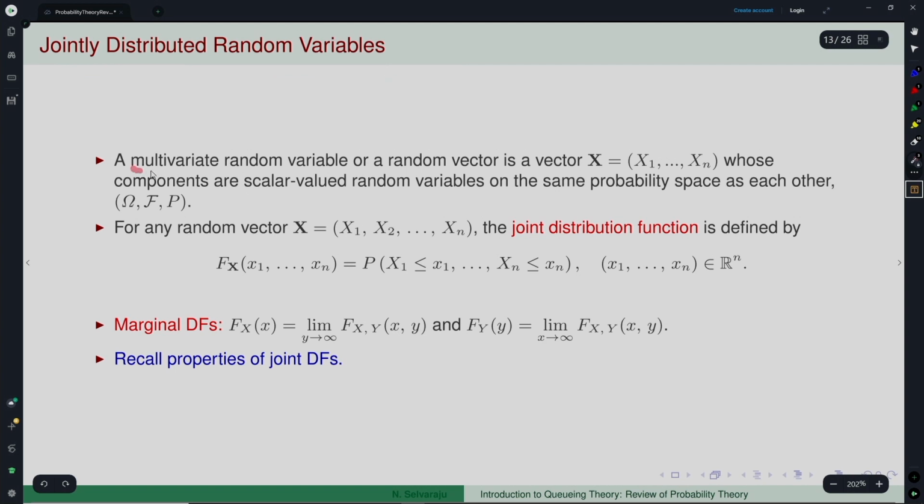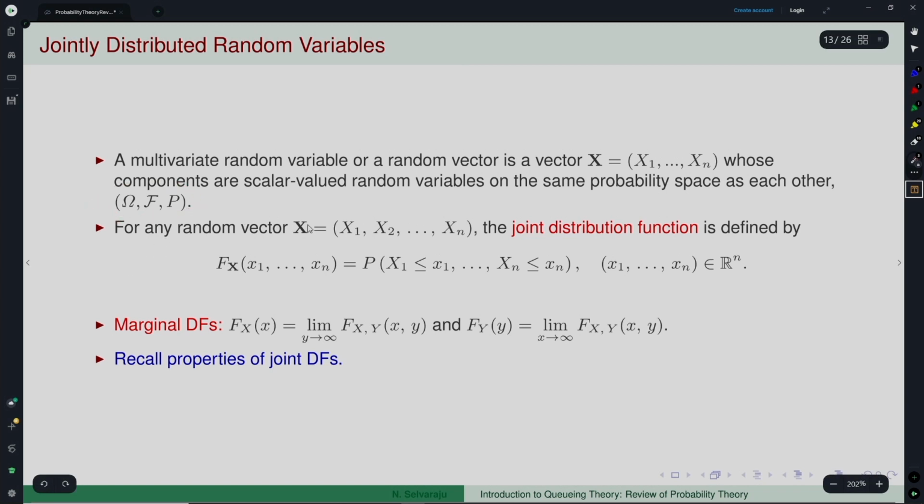This is defined through a random vector, or a multi-dimensional or multivariate random variable, or simply a random vector, which is nothing but this quantity X, where each of these components is a random variable on the same probability space, which is the probability space we are looking at here.